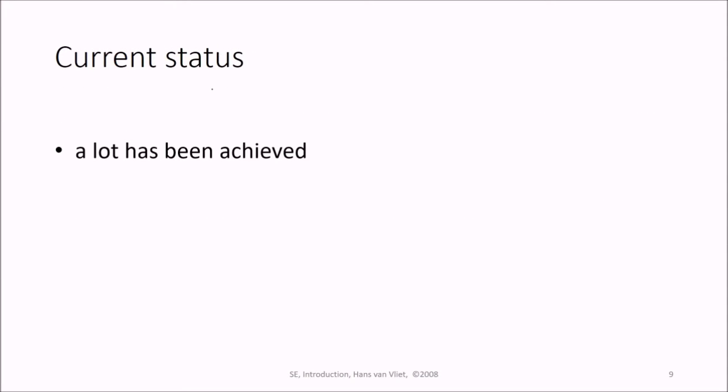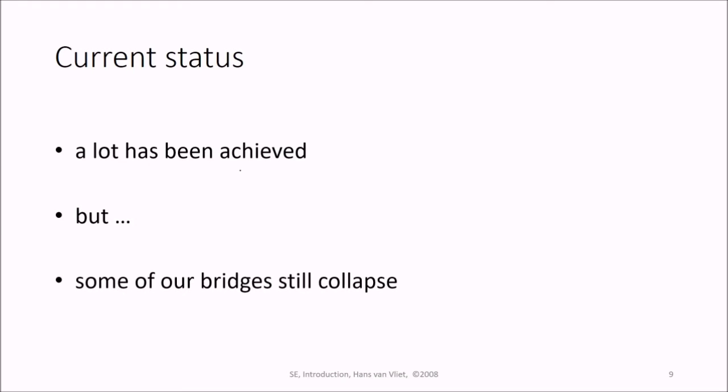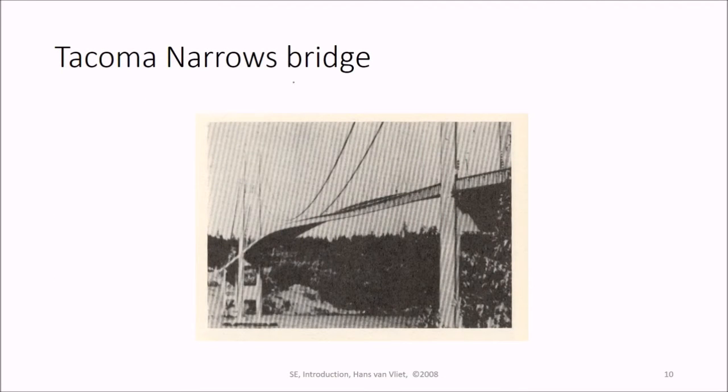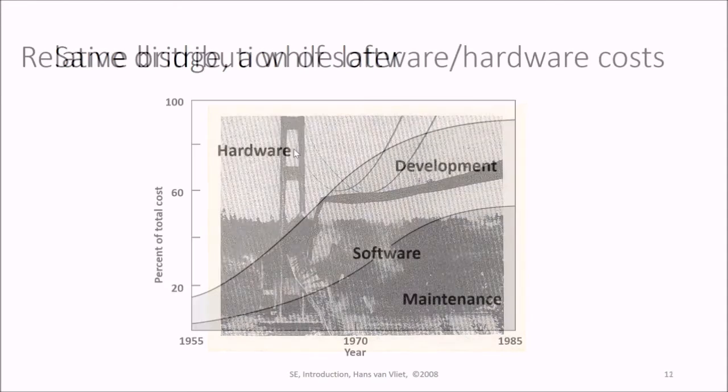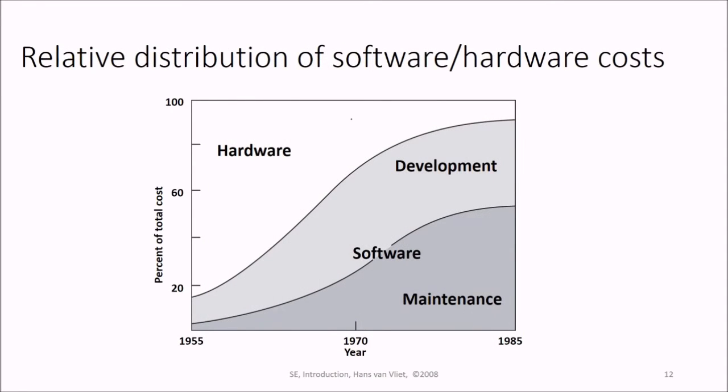The current status is we have achieved a lot, but some of our bridges still collapse. This is the Tacoma Narrows Bridge, just for example. After some time, it happened like this. This is the relative distribution of software and hardware cost, right from 1955 till 1985.